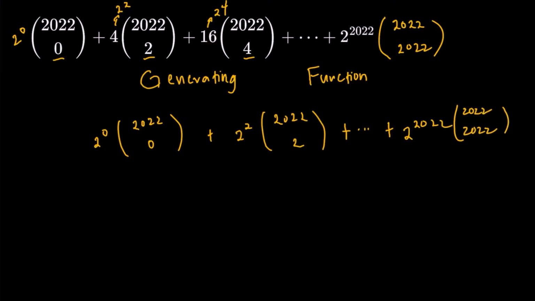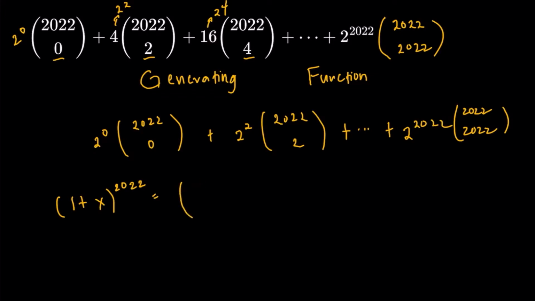Now, the generating function really is just involving the binomial expansion of, in this case, something like 1 plus x. This is not really the same thing, but 1 plus x raised to 2022 is going to give me something similar. So the first term is just 1 raised to 2022, which is just 1 anyways.